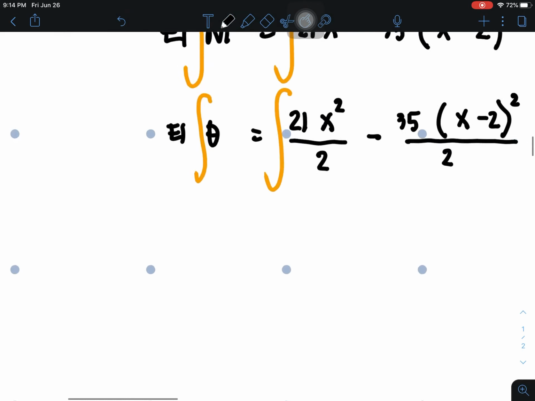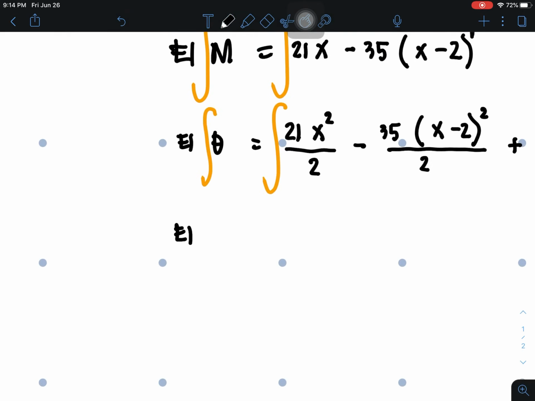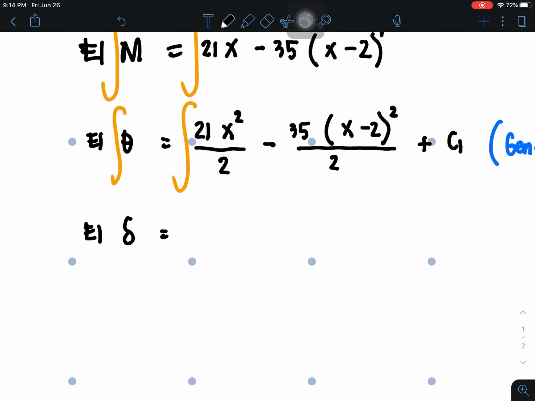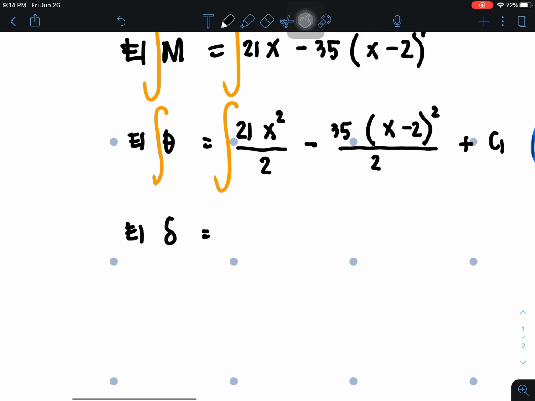So it's going to give us the EI of deflection, and that is equal to, if you do not resolve 21 over 2, you can also just carry 21 over 2 directly. So it's like 21 times 2 times x cubed, and since it's over 2 already, over 2 times 3.